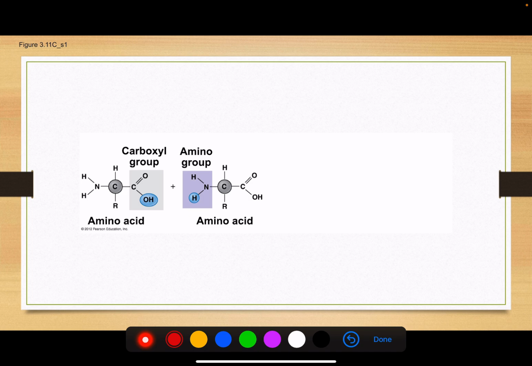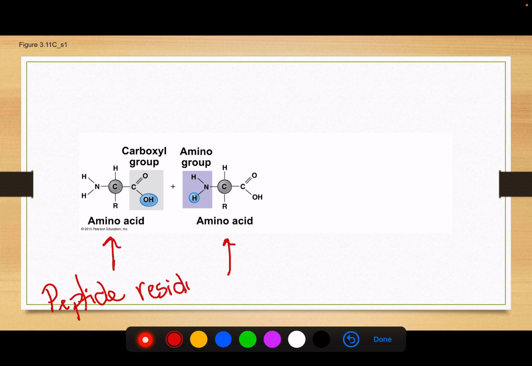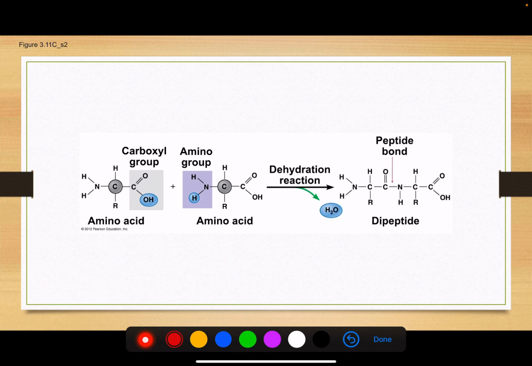So here, these amino acids used to be called peptide residues, which is where we get this nomenclature from. So with those peptide residues, we would pull out our water, right?